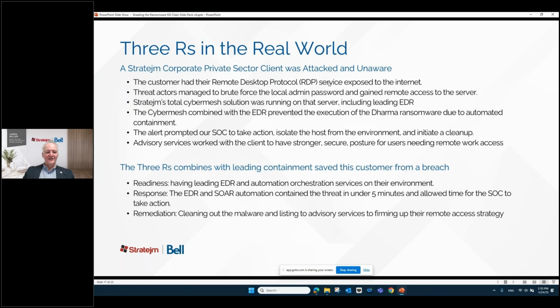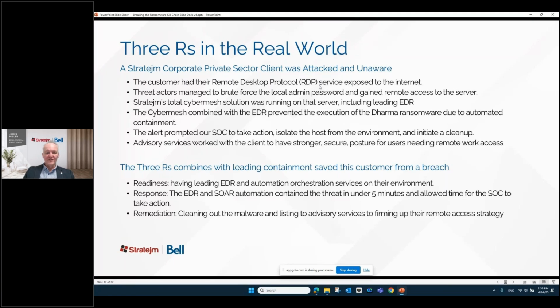And that is where Bell Stratagem's cyber mesh was key, because it was running on that server, but across the entire network. And all servers, laptops, any sources of critical data had a leading EDR with leading AI capability on that server, but also on anything they needed to leap to do any kind of lateral movement.